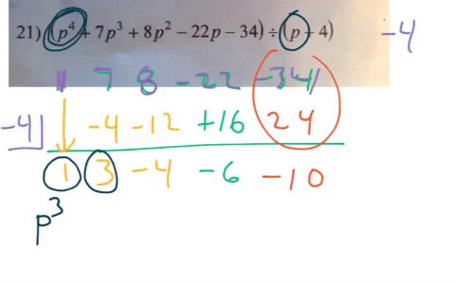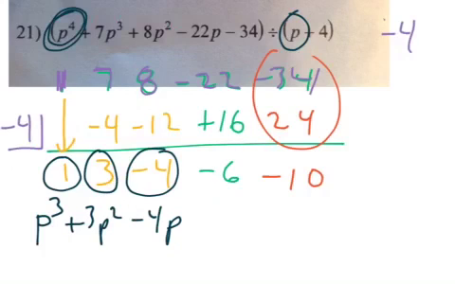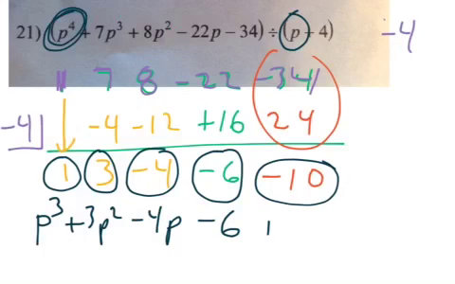And that 3 means I have a 3p squared. And that -4 means a -4p. And finally, that -6 is a constant -6. And this remainder is going to be a -10 over my divisor. And remember, my divisor was -4 as a root, but that means p plus 4.